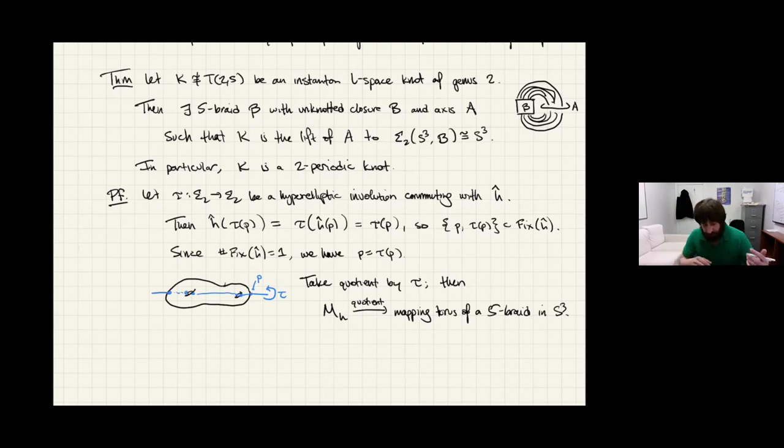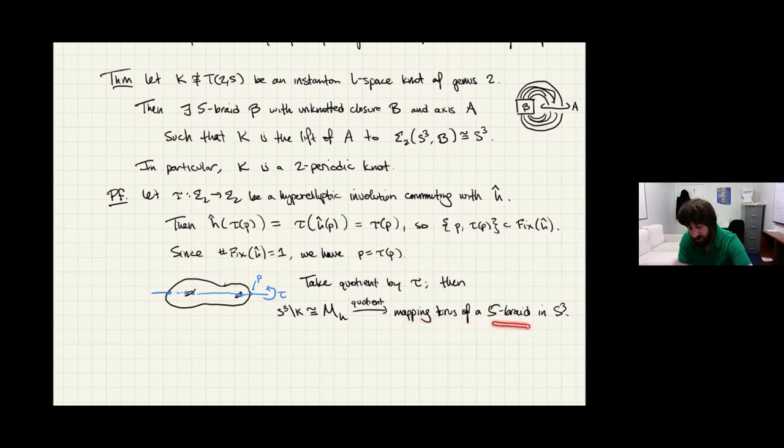And so what we've shown is, again, that the mapping torus of H, which is just the complement of our knot K, double covers the mapping torus of this 5 braid. And why is it a 5 braid?